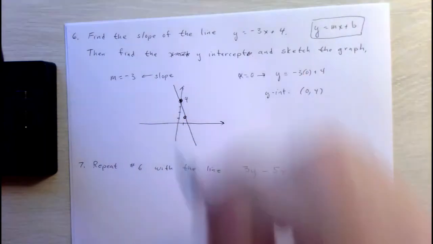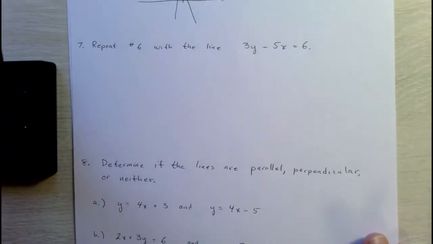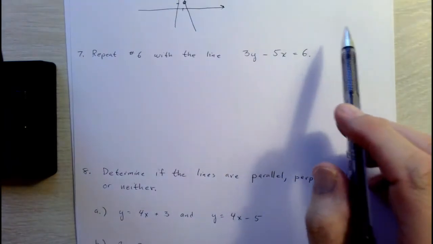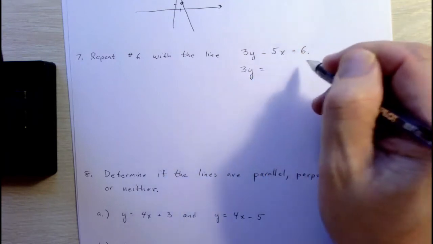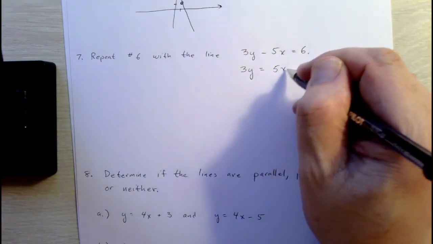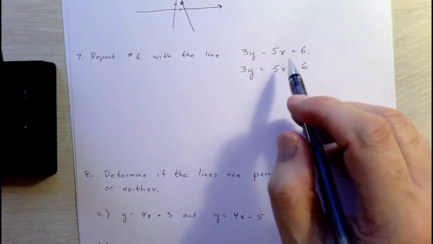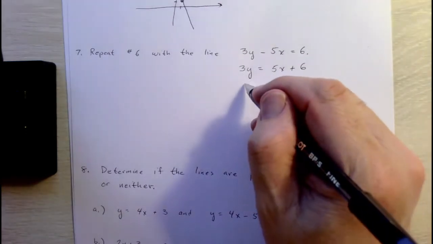If we repeat the same thing here, we have to do a little work to put it in y equals mx plus b form. We get 3y is equal to, if we add 5x to both sides, 5x plus 6. Really, we just took this and added 5x to both sides. And then divide everything by 3.